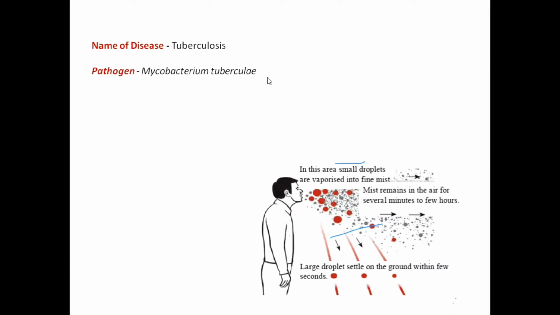They can harm, or they are responsible to spread various diseases. So for tuberculosis, the pathogen responsible, or in simple words the microorganism responsible, is Mycobacterium tuberculosis. So you have to take care of the pronunciation also.